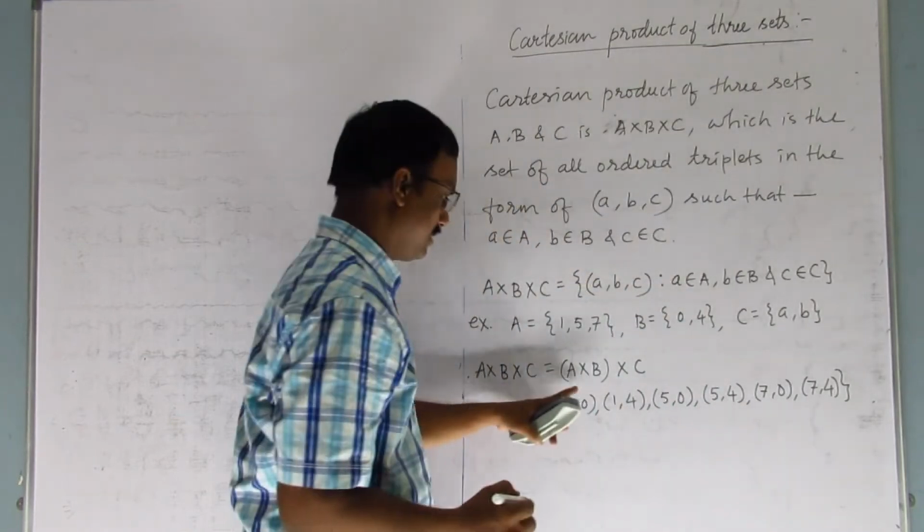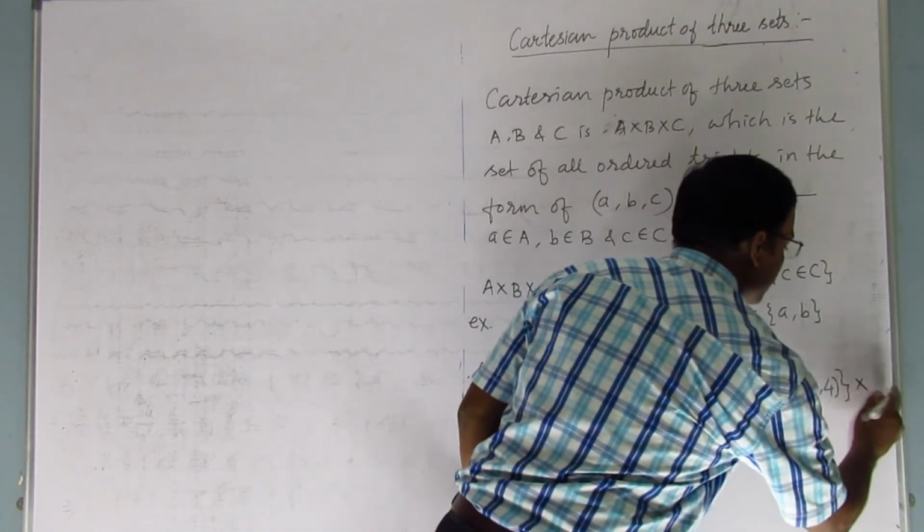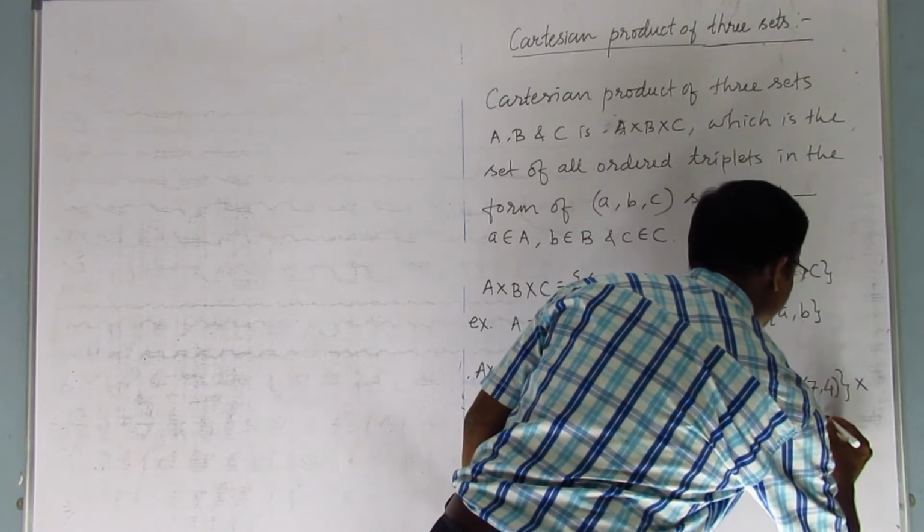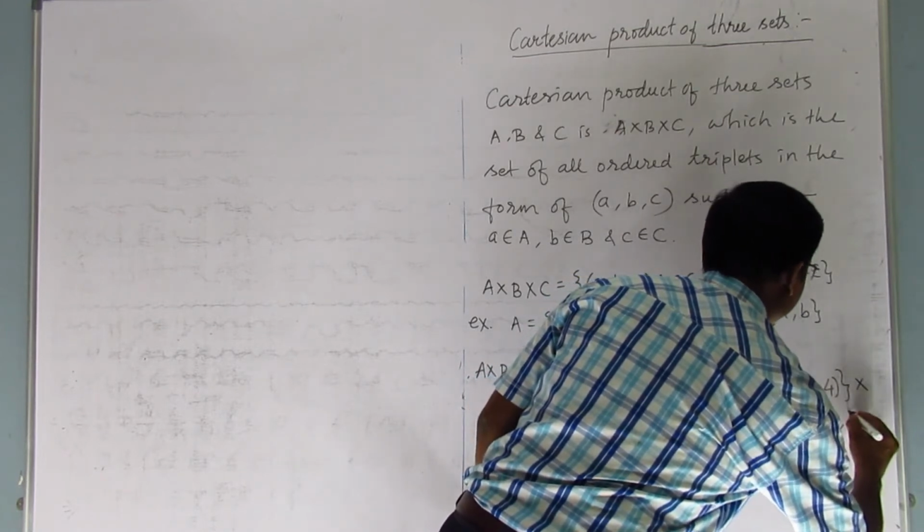That's all. This is A cross B. Now cross C. So we have to make a cross with C, means a, b.